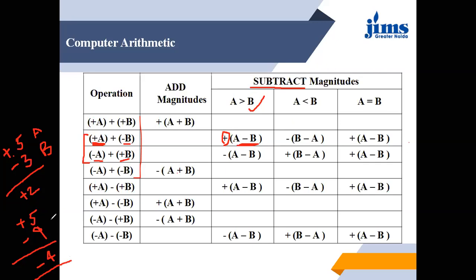So as I told you, to find out the result we have to subtract the smaller number from the bigger one. So we cannot subtract 9 from 5.